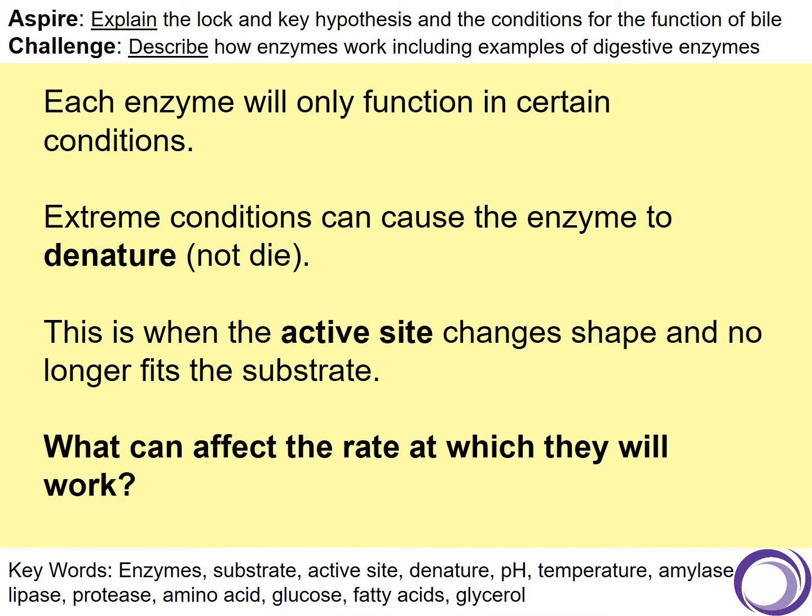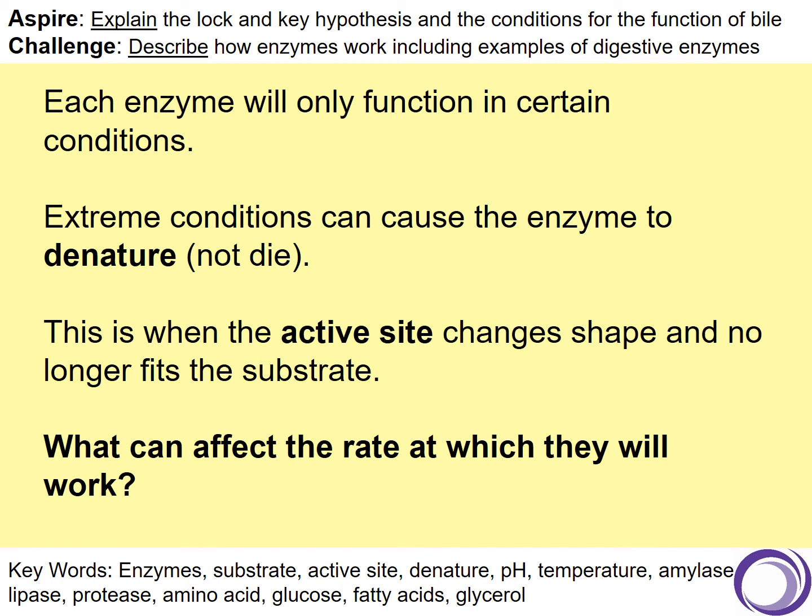Okay. So the last part of this is about the conditions that help enzymes to work and why we have bile, etc. So really extreme conditions will cause the enzymes to change shape, and that means they denature. We give that word denature to them. They don't die because they were never classed as a living thing.